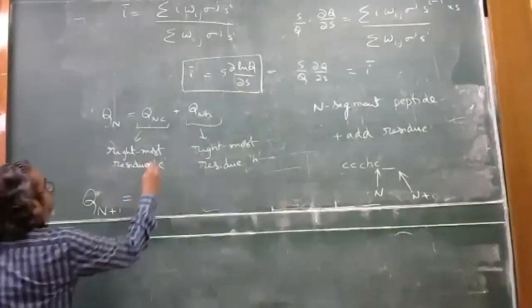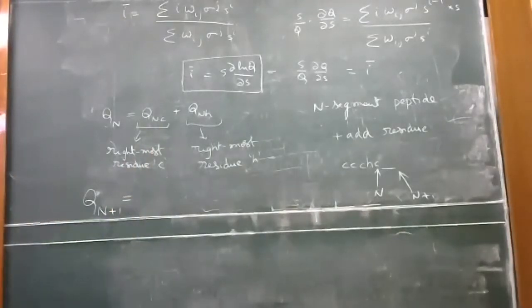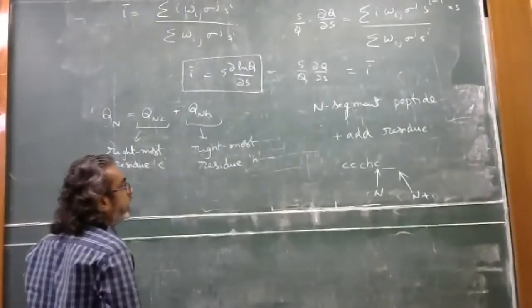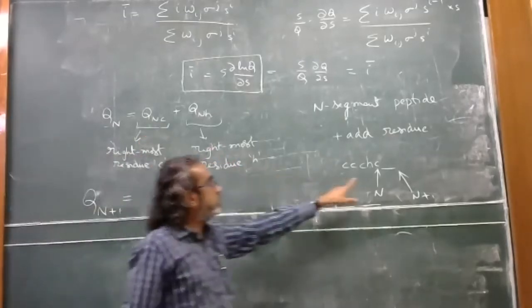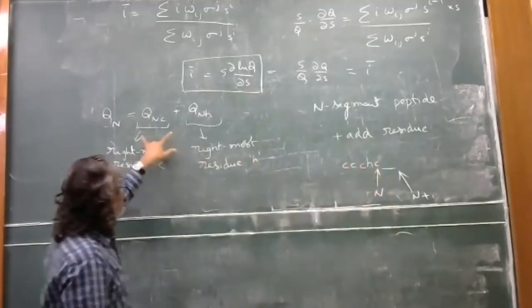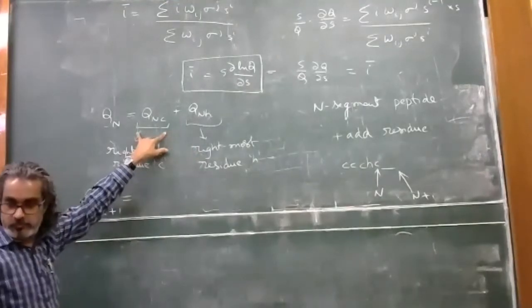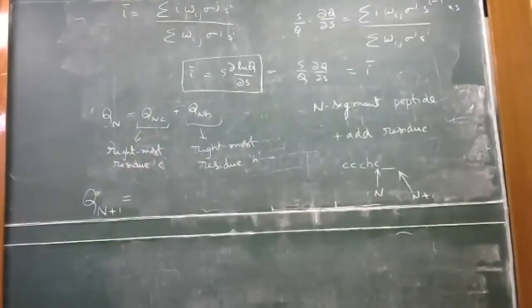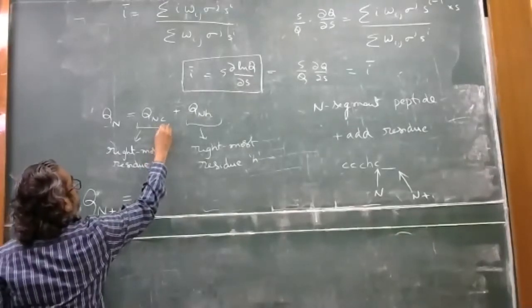So let's say you have a coil at the terminus, and then you add C. Okay, so you already have a C. If you add another C, what will happen to this partition function? What is the term we have to add?